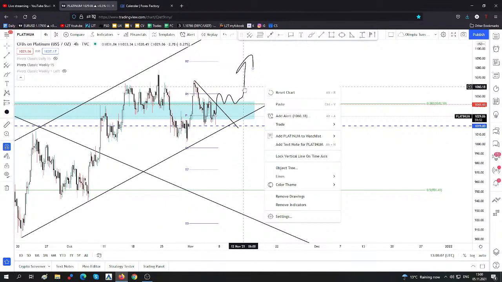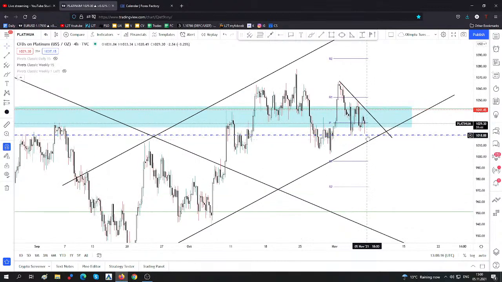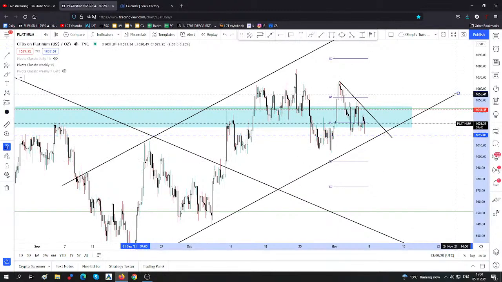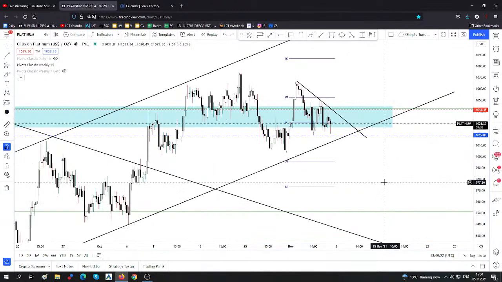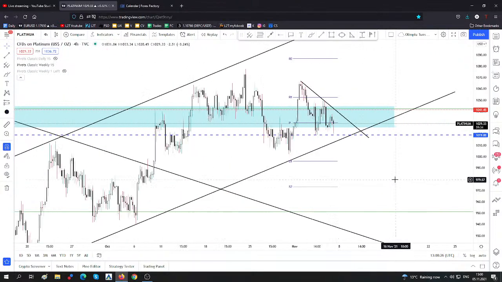So personally, Giovanni, I'll look for longs here as long as the price stays above this support, above this uptrend line. But I will need confirmation, a good entry, a good setup here.